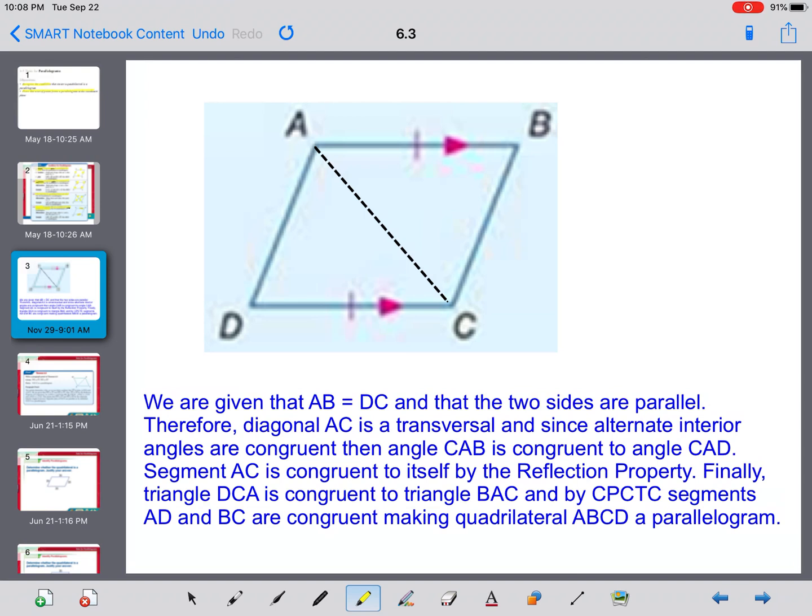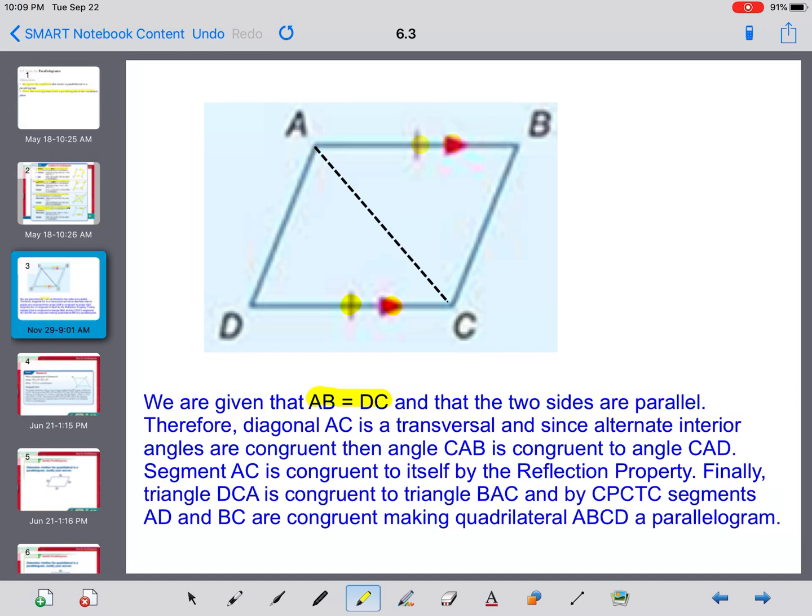So I have this picture here that says these two sides are congruent and parallel. We're given that AB is equal to CD.